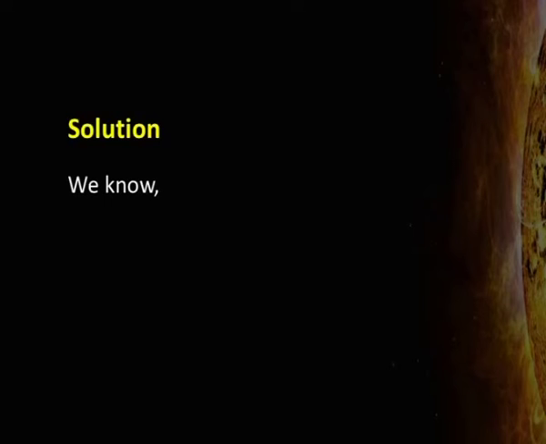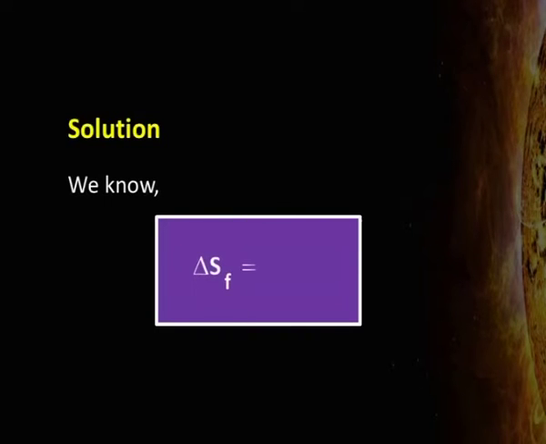Now you know that delta SF is equal to delta HF divided by TF. Here delta SF is entropy change in fusion process, delta HF is molar heat of fusion, and TF is melting point of the substance taken in Kelvin.